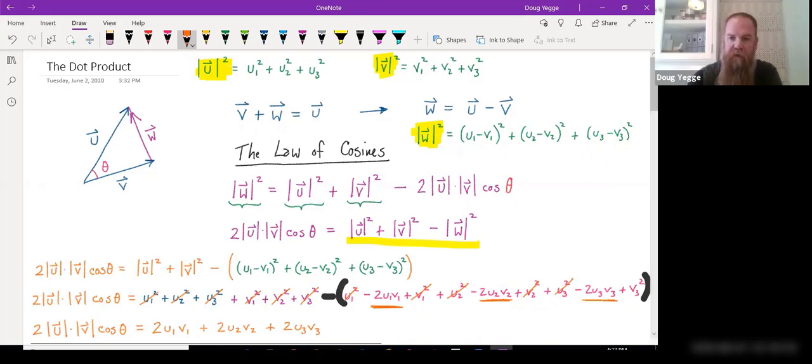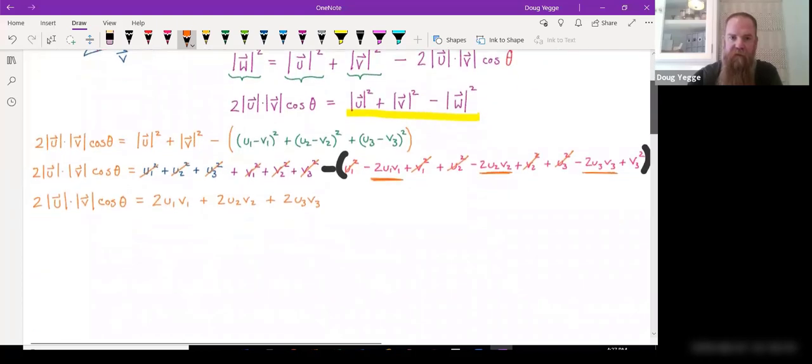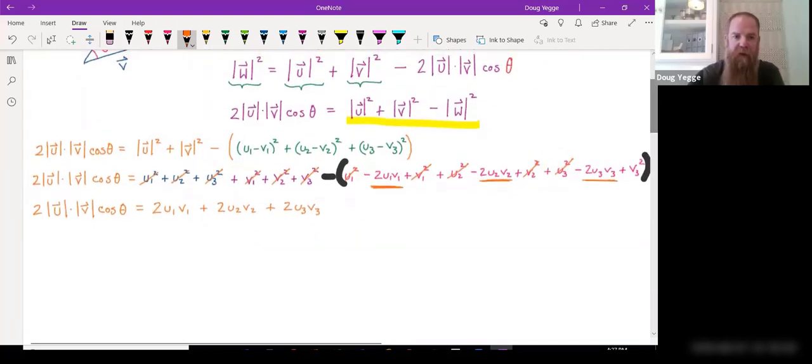So we need a little more space here, so let's go ahead and take a look at what's left. We're going to manipulate this a little bit to get that theta by itself. So if we divide out the 2, now notice that all that's left is the magnitude of u times the magnitude of v. And I just want to remind you about the arrow.